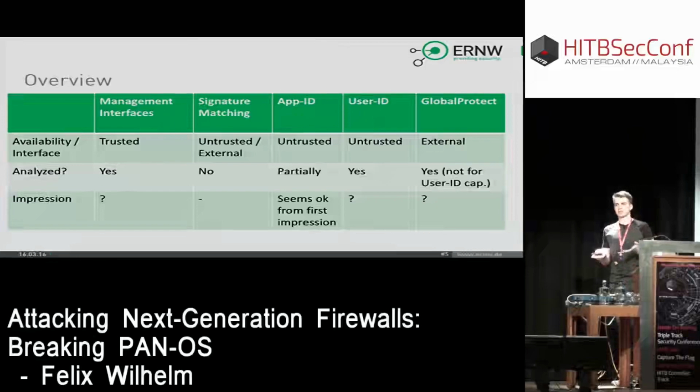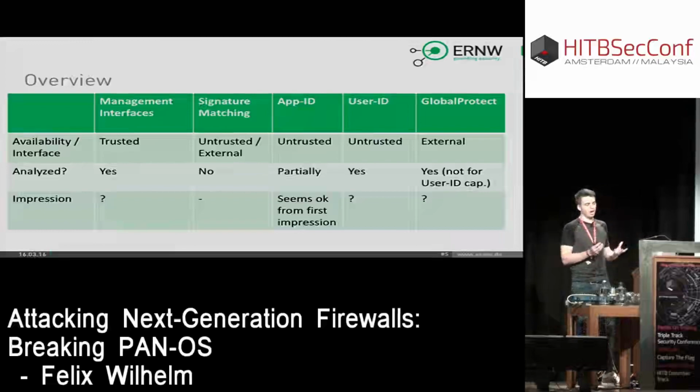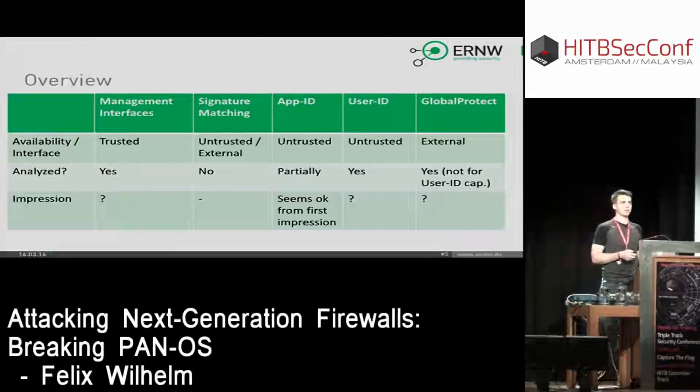Of course, the management interfaces are kind of an easy target. They are not that interesting in a real-world environment because normally you shouldn't be able to talk to the management interfaces in a hardened environment. So even if you find a bug in the management interface, a normal attacker in an untrusted area of the network should probably not be able to talk to these interfaces.